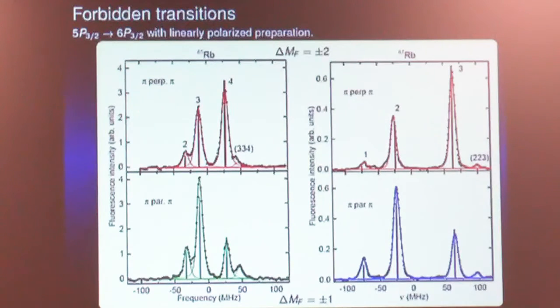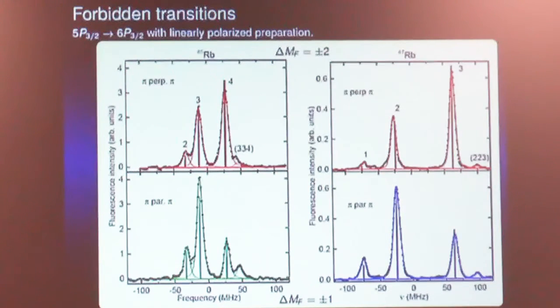As expected, they are dominated by transitions from the highest hyperfine state of the 5p manifold, and the lines are where we expect, and the bars are the result of the calculation using the rate equation approximation for perpendicular polarizations and for parallel polarizations.